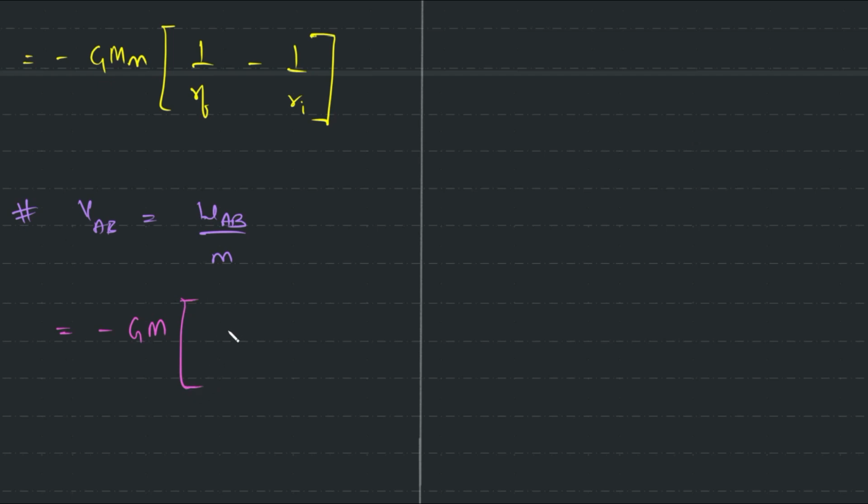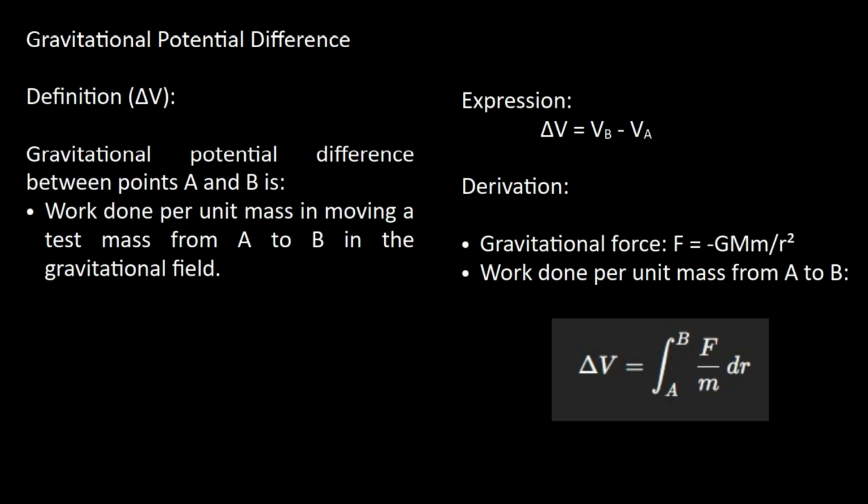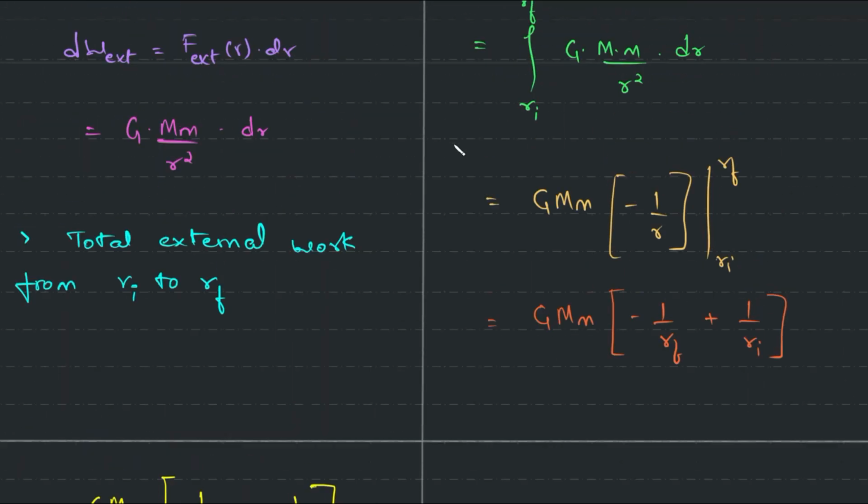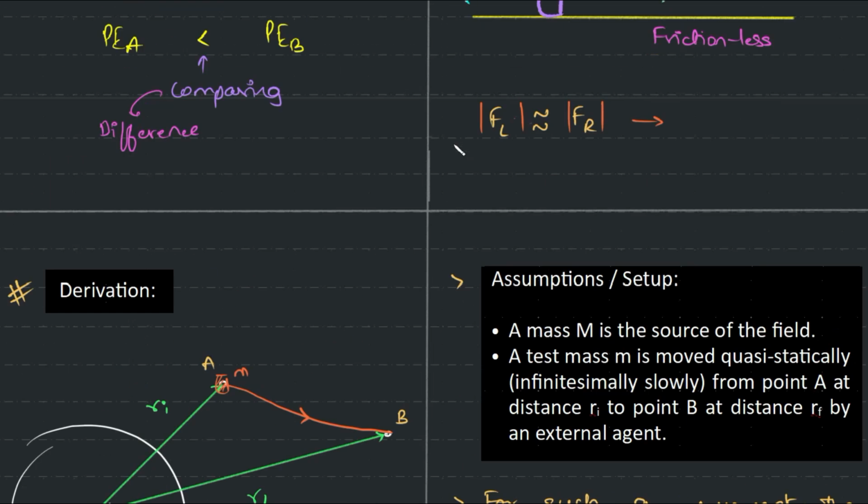It's getting cancelled. And we have this as our final expression. Okay, anyways, as a definition, this is it. And as a mathematical expression, these are all the things that we need to do.